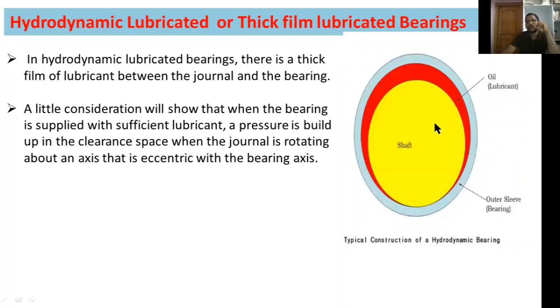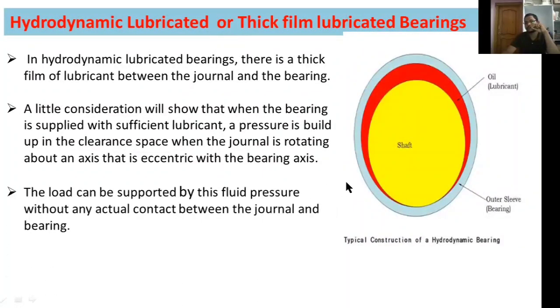A little consideration will show that when the bearing is supplied with sufficient lubricant, a pressure is built up in the clearance space when the journal is rotating about an axis that is eccentric with the bearing axis.